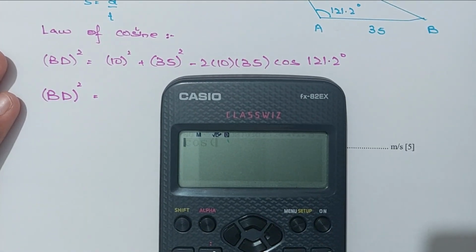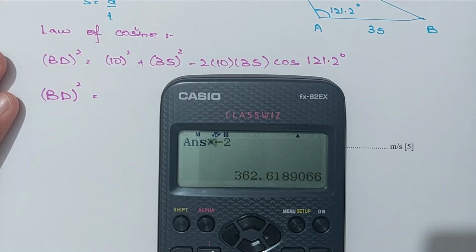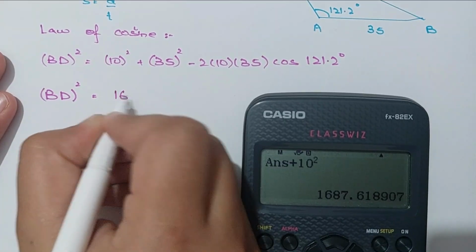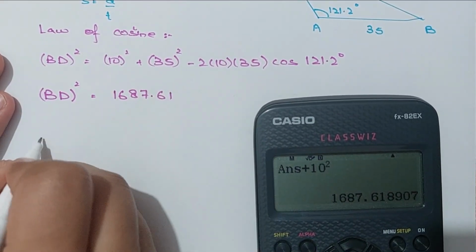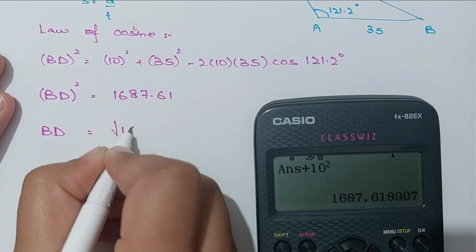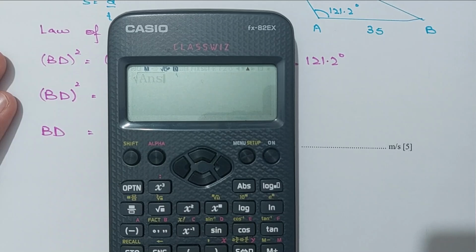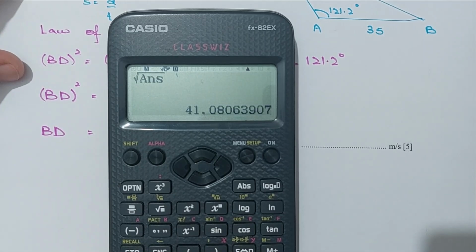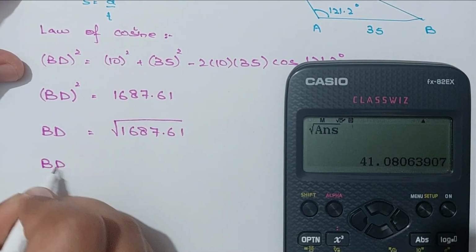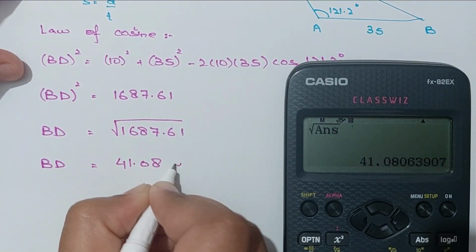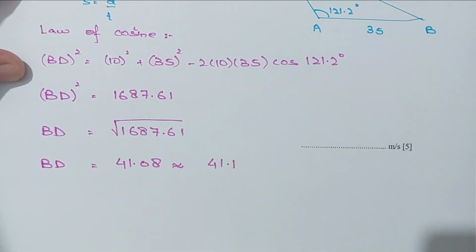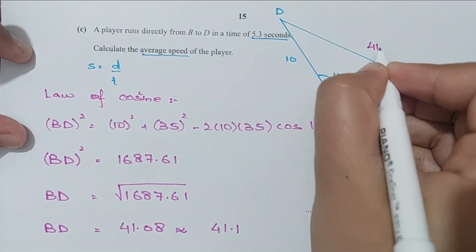It is in degrees, so cos 121.2 times 35 times 10 times negative 2, add 35 square, add 10 square. This is 1687.61. So for BD, take a square root. The answer is 41.08, or if we round it to 41.1 meters, this length is 41.1.